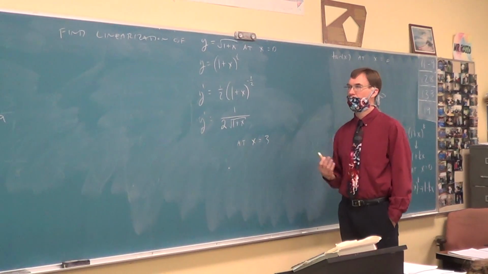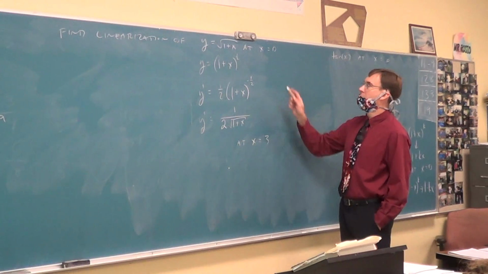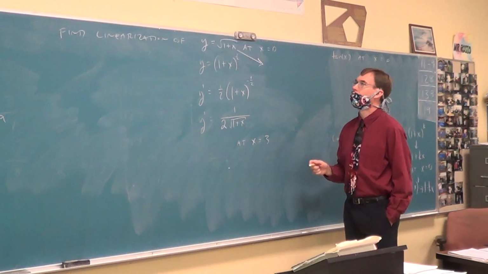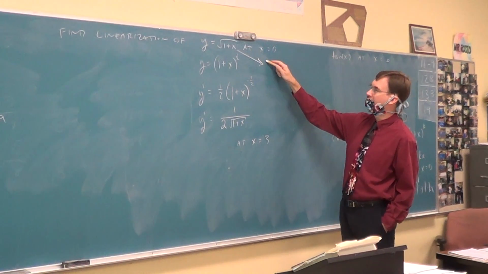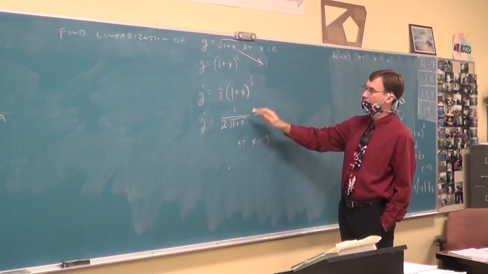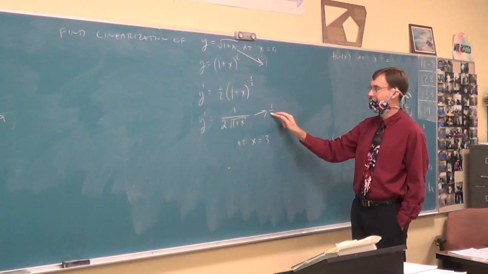That's your beginner step. Just do the derivative so we have a formula to look at. Then we're going to take this number and plug it into the original. 0 plugged into that makes 1. 0 plugged into this makes a half.